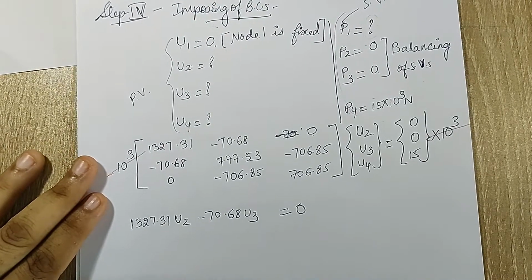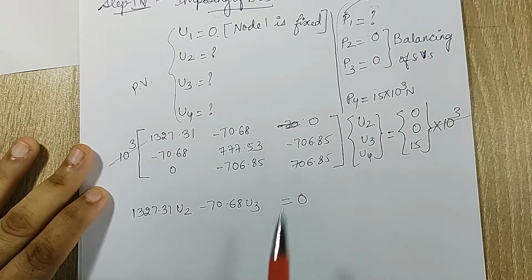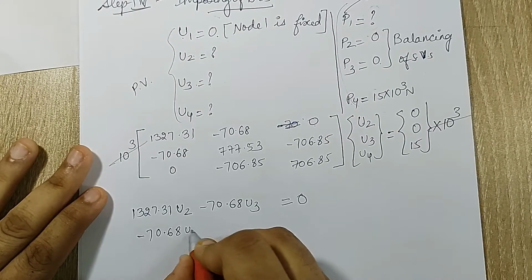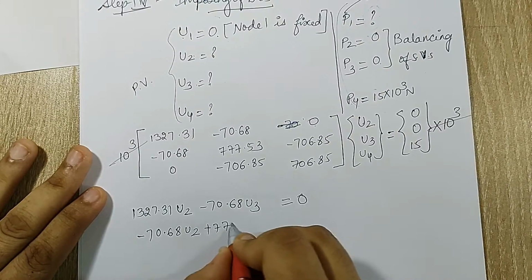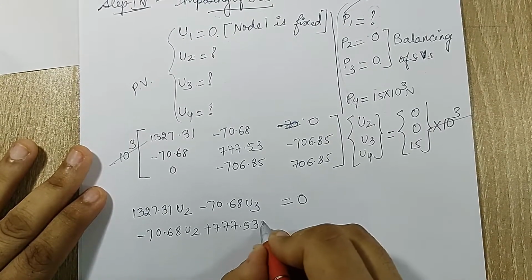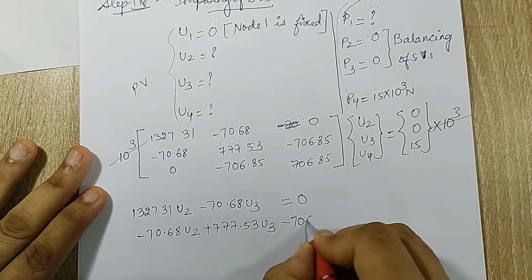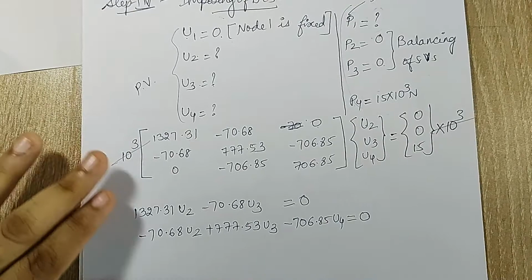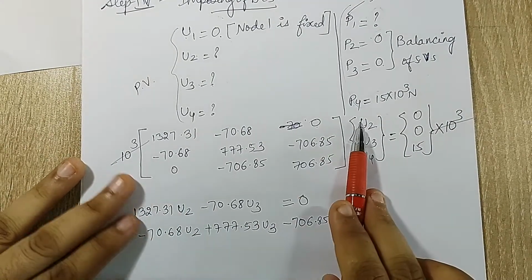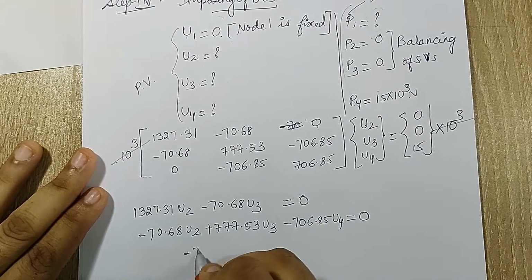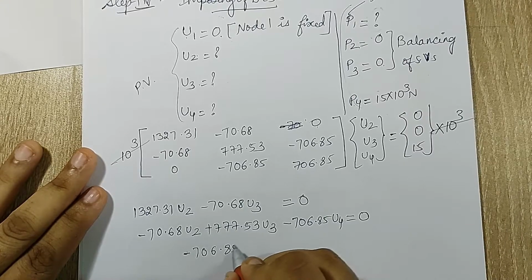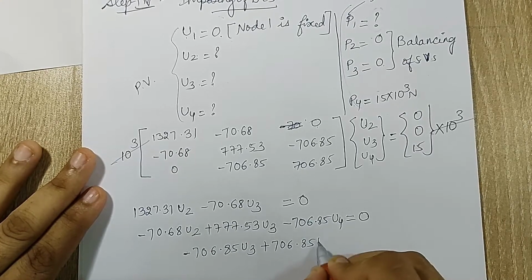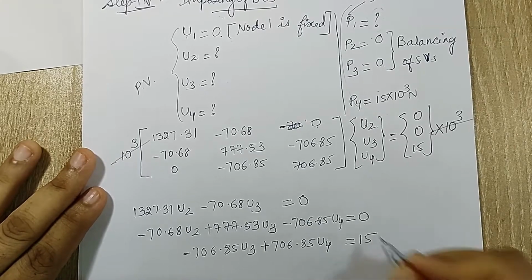For the second row, minus 70.68 U2 plus 777.53 U3 and minus 706.85 U4 is equal to 0. For the third one, first term is 0, second term is minus 706.85 U3 plus 706.85 U4 is equal to 15.